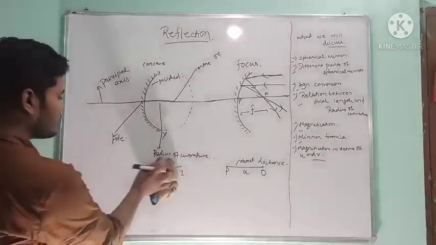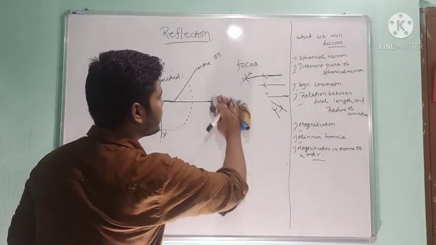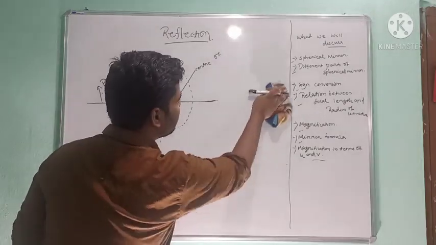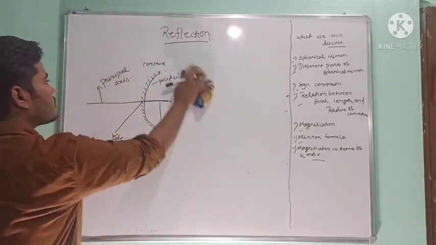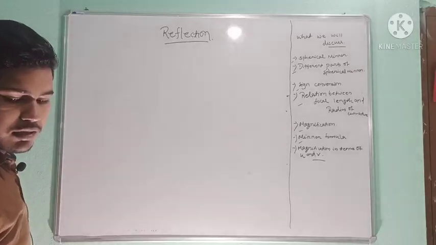So now I will go to sign convention. What will be the sign of this u, r, v, f? R is the radius of curvature. So what is the sign convention?